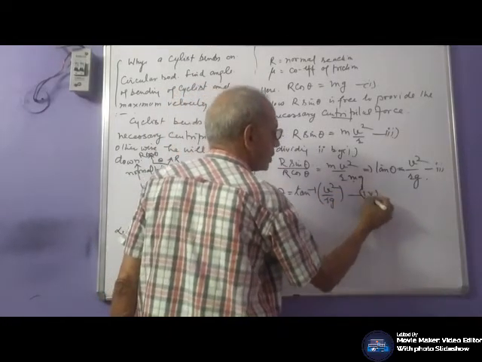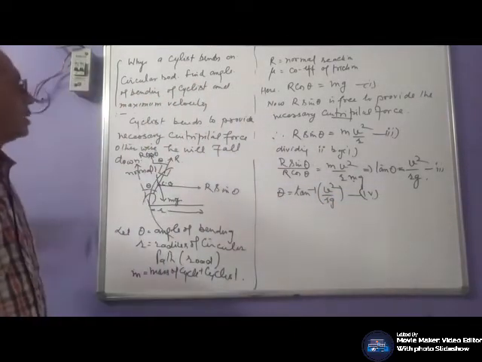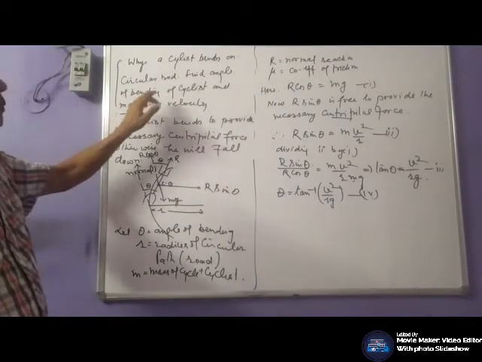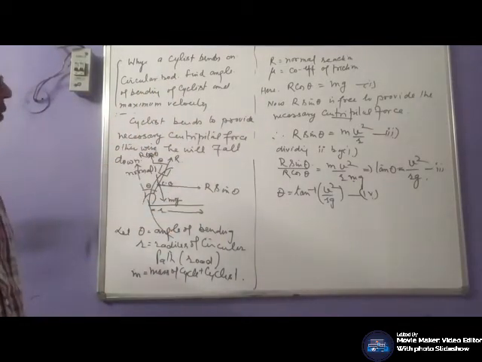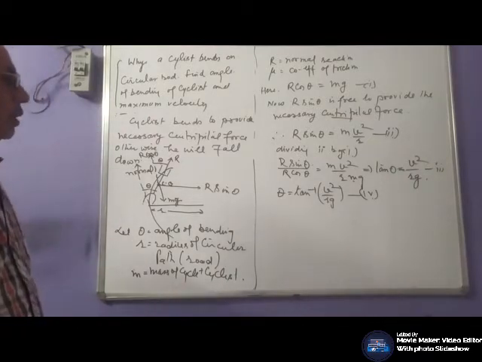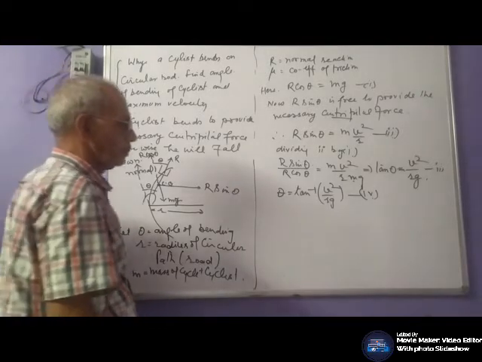This is what? The angle of bending of a cyclist on a circular road, circular path.